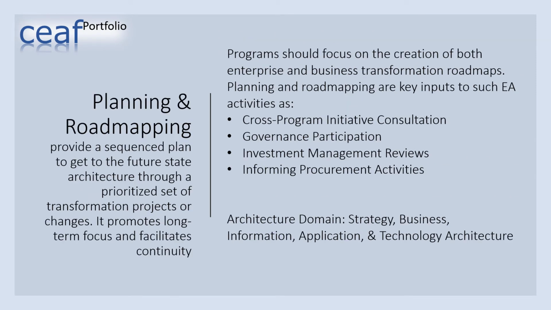The fourth core capability is planning and road mapping. Roadmaps provide a sequenced plan to get to the future state architecture through a prioritized set of transformation projects or changes. It promotes long-term focus and facilitates continuity, for example, when key business or IT leaders change.